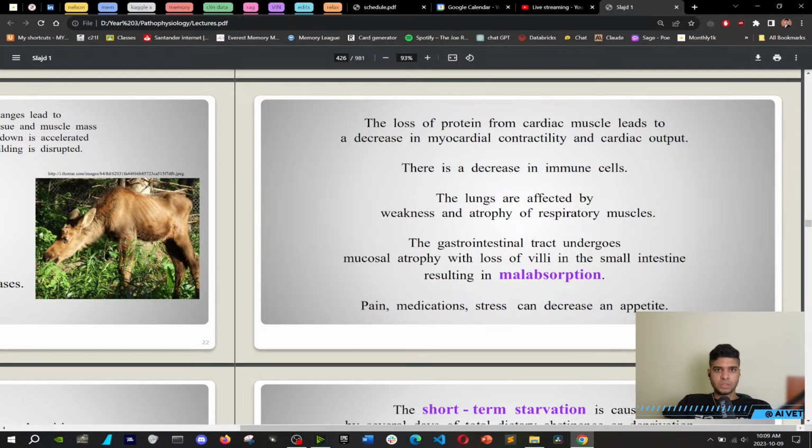Decrease in immune cells. The loss of protein leads to decrease in myocardial contractility and cardiac output. There is a decrease in the immune cells.